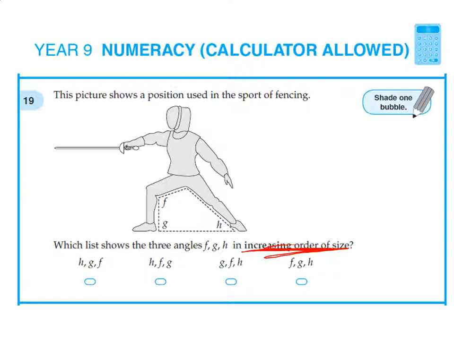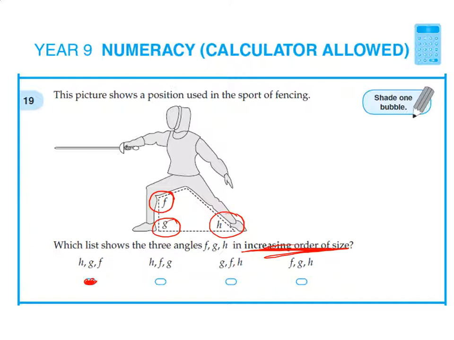So by looking at this, the smallest angle here is H, okay, so H. And then followed by G, because G looks like 90 degrees, and this one F is obtuse. So we start with H, and then G, and then F. H, G, F. Where is H, G, F? Yeah, the first one, H, G, F. Yeah, so that's the answer.